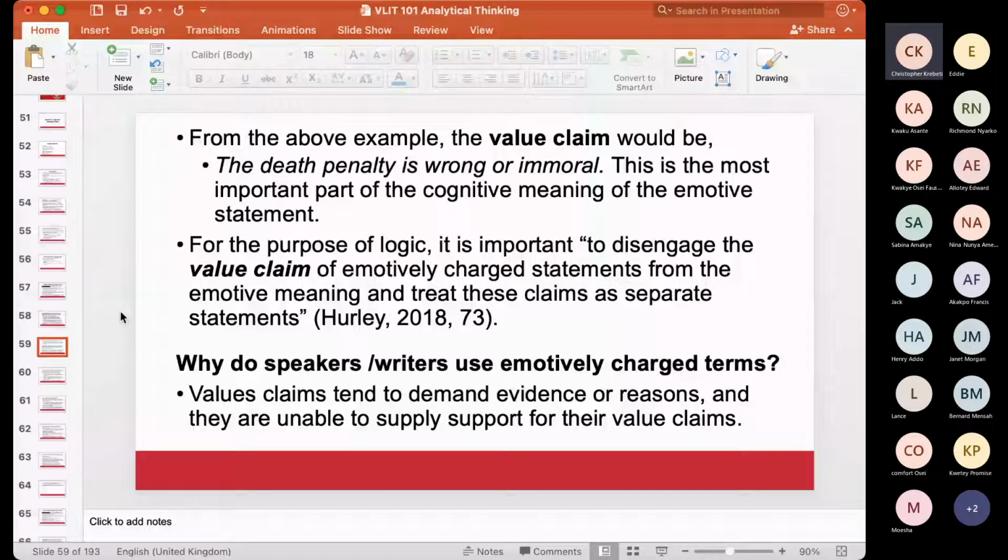In fact, even the reason you are asking for, they'll end up supplying you with more emotively charged words. So by the end of the day, what have you gained? You have gained nothing. So they wouldn't want to go straight forward to use a value claim. If they use a value claim, there will be a problem. They don't have answers. They don't have support. They don't have evidence to support.